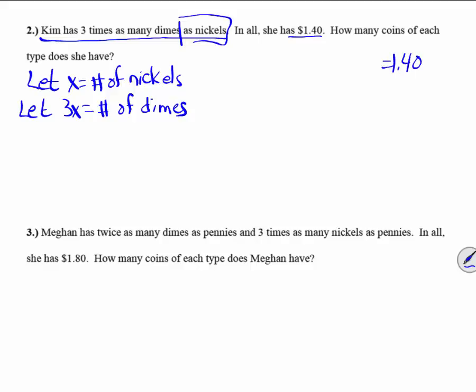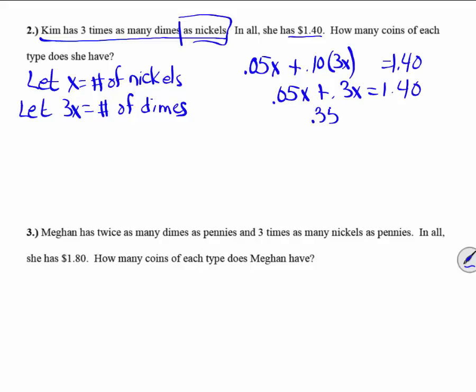Well, what is that $1.40 made up of? It's made up of the number of nickels, and nickels are worth 5 cents, plus the number of dimes, which are 10 cents, times 3x. So I have to multiply those together. 0.05x plus 0.3x gives me $1.40. Add those together, you're getting 0.35x. You have to divide, not subtract.